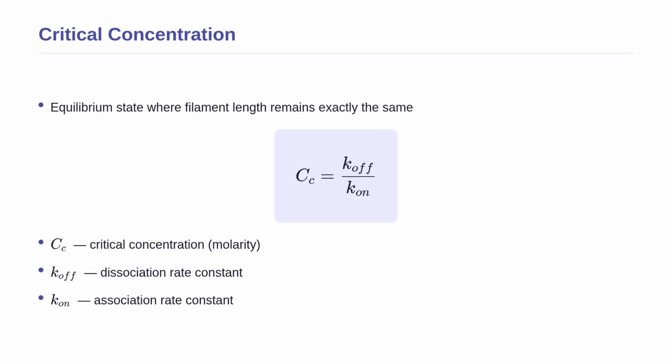Its length remains perfectly stable. The formula shows that the critical concentration is simply the ratio of the dissociation rate, K-off, to the association rate, K-on. If the actual monomer concentration in the cell rises above this critical value, the filament will grow. If it drops below, the filament will shrink.